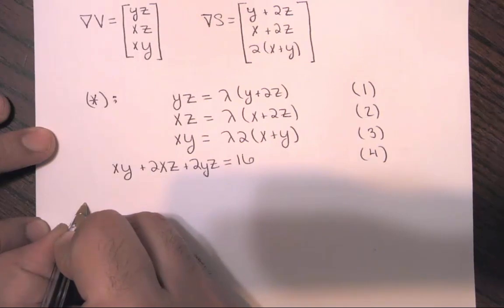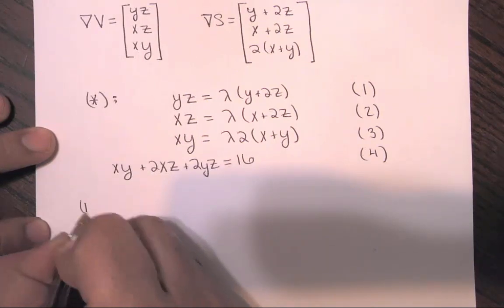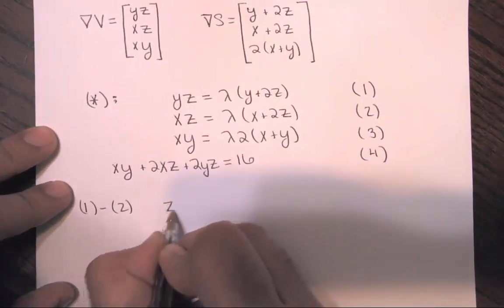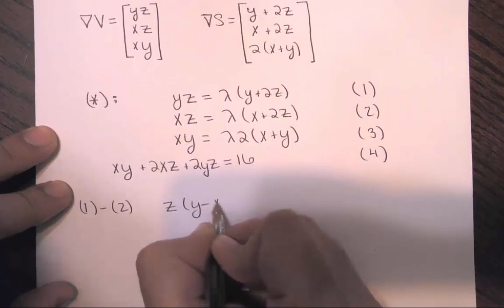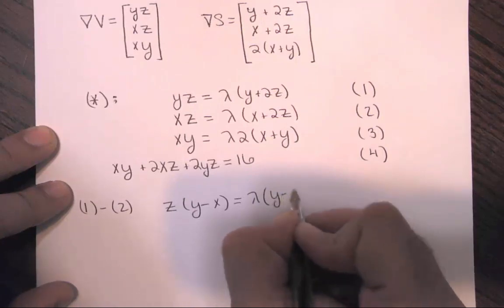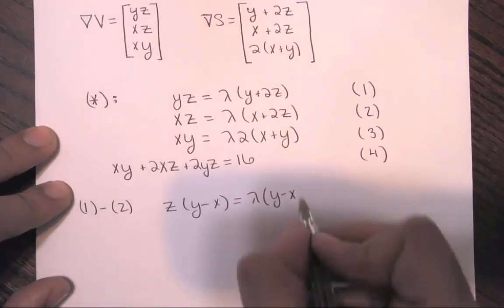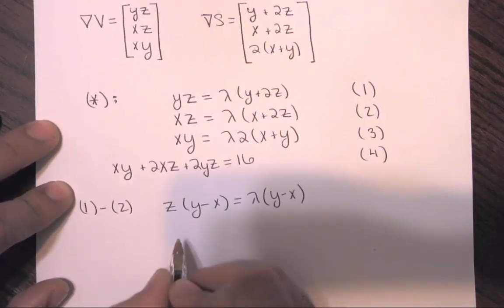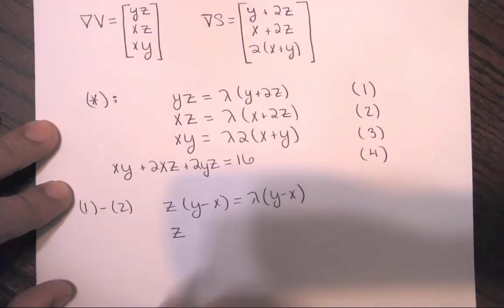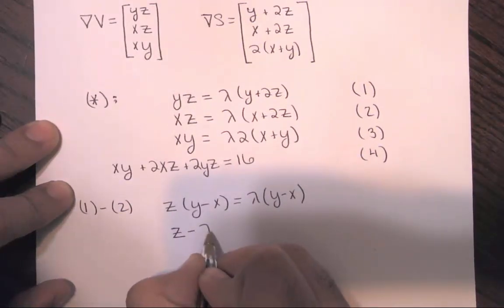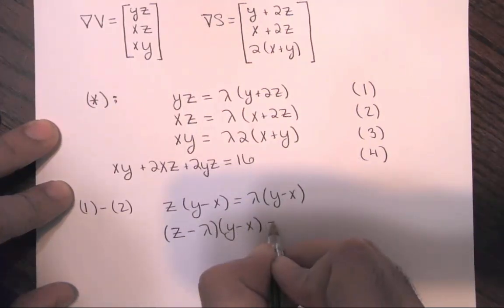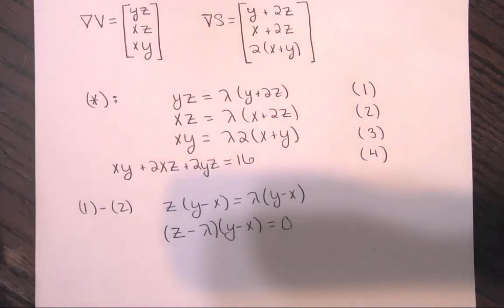Well, subtracting equation 2 from 1 means I would get z times y minus x equals lambda times y minus x, 2z minus 2z. Of course, that part would be 0. Meaning that if I subtract this and factor out my common factor, I get z minus lambda times y minus x equals 0.